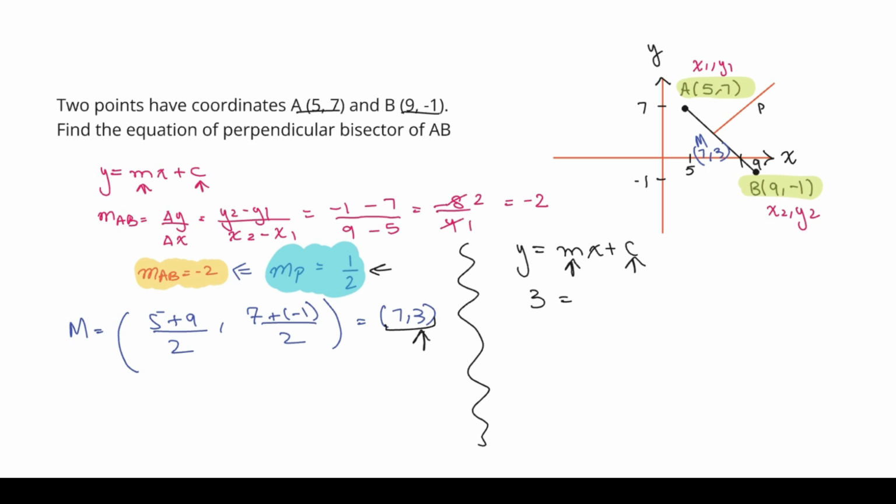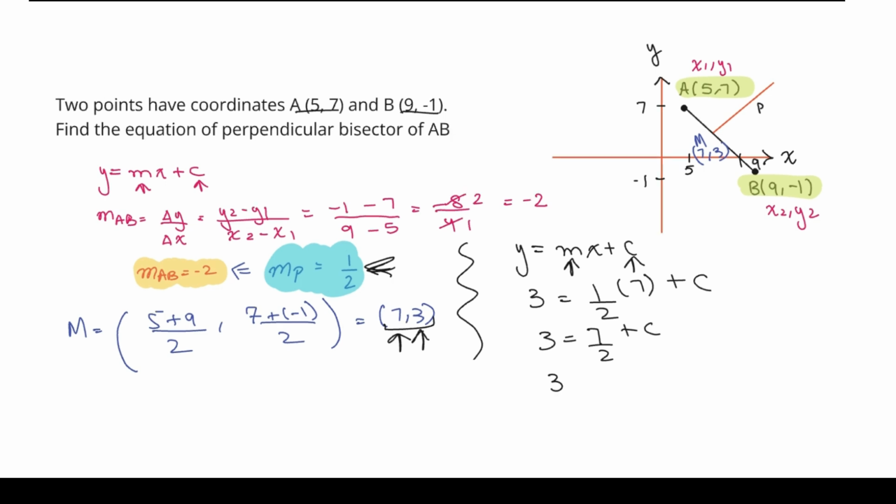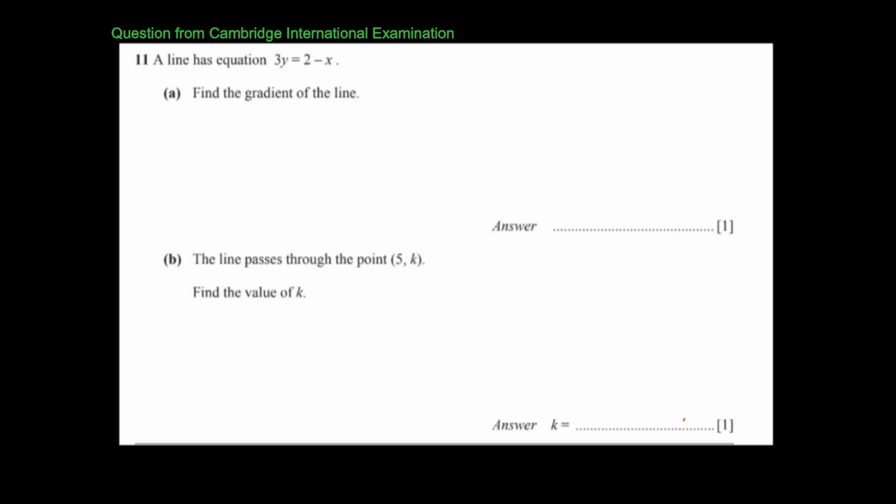So 3 equals m, which is 1/2, x, which is 7, plus c. So 3 equals 7/2 plus c. So 3 minus 7/2 equals c. So c equals -1/2. Now finally, equation of perpendicular bisector will become y equals 1/2x minus 1/2.